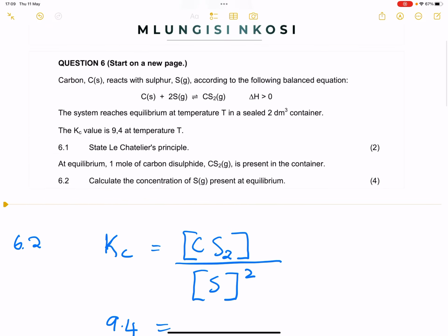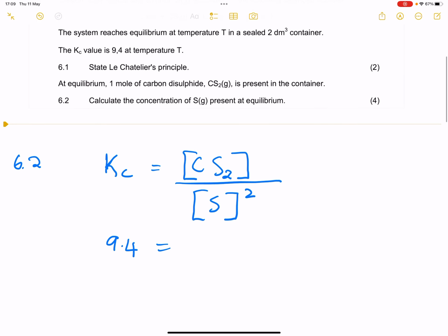We know our volume is 2, so the concentration of carbon disulfide, that's number of moles divided by volume, so that's going to be 1/2. Number of moles divided by the volume, which is 2, and we're looking for the concentration of sulfur in this case, and we said this is squared.